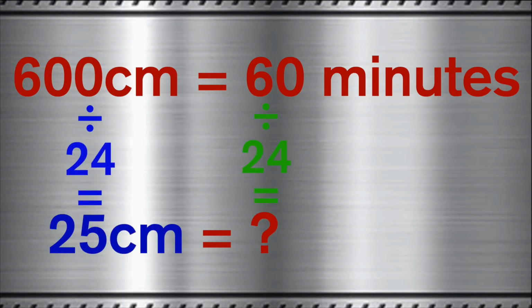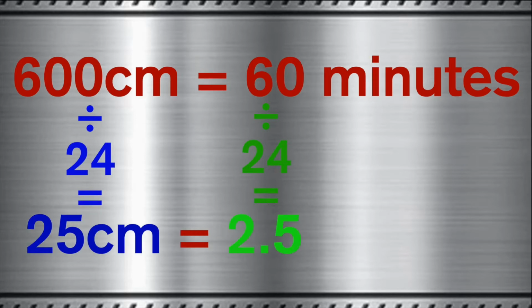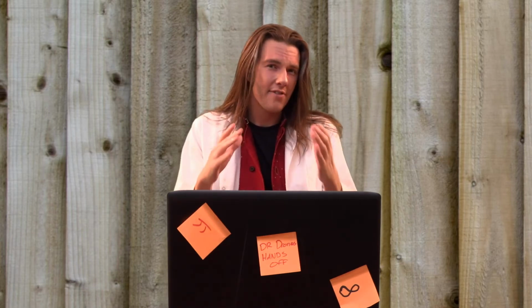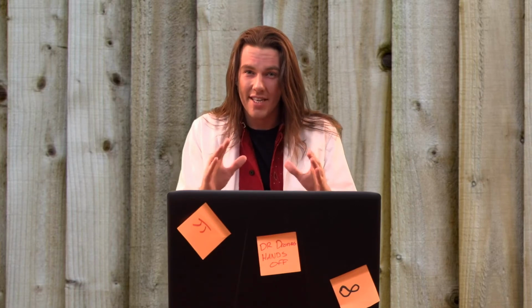This will leave us with the fraction of the time it takes Eve to travel 6 meters when he is traveling only 25 centimeters. So, 60 divided by 24 is exactly 2.5. We know from this that it will take Eve about 2.5 seconds to travel 25 centimeters.